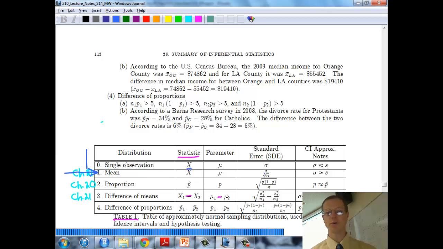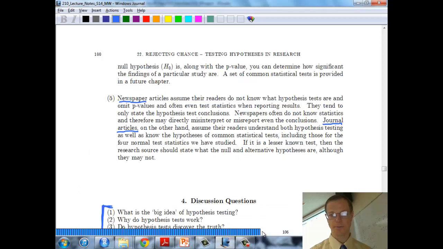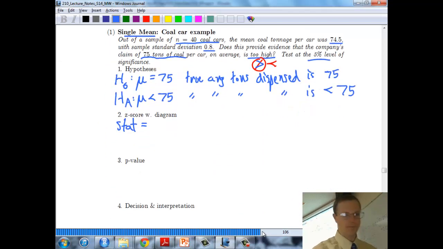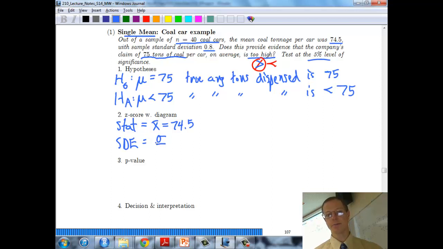Standard error sigma over root n. Excellent. So we'll go and use that. X bar, which was 74.5, standard error is exactly sigma over root n.